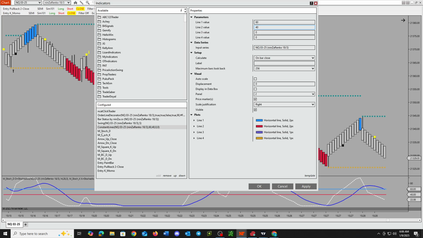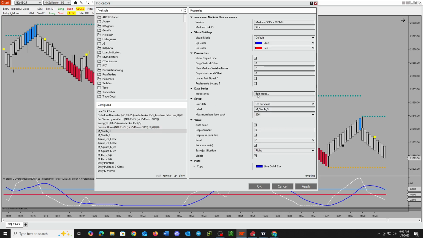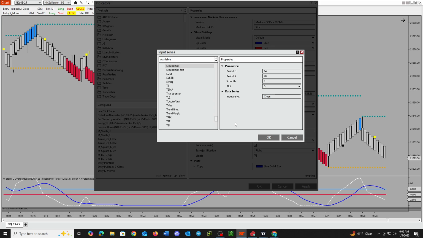All right, so let's look at the stochastics again. Nothing here, but if you're in markers, it's 14, 28, 3. That's how I have that set, and I'm plotting. You have a choice, so one of my plots is D, so that's the blue line.